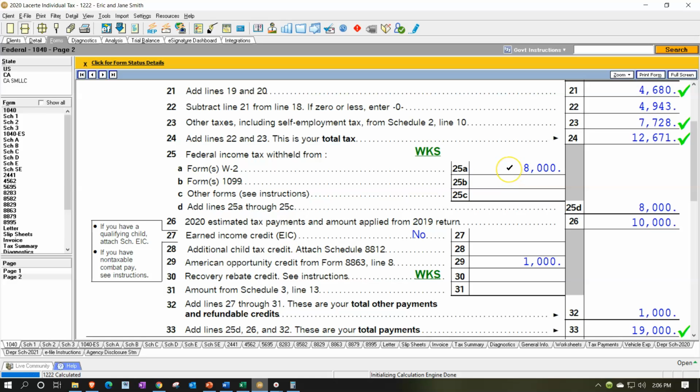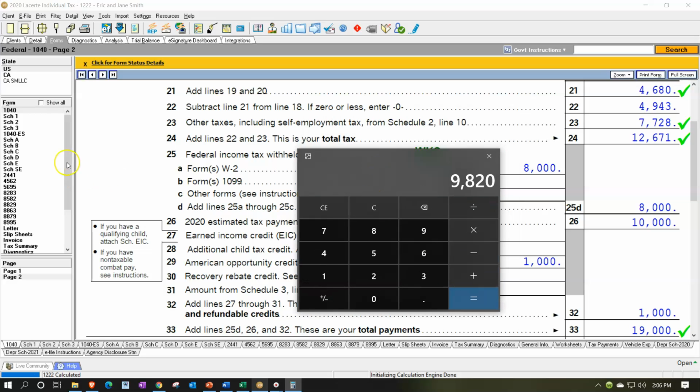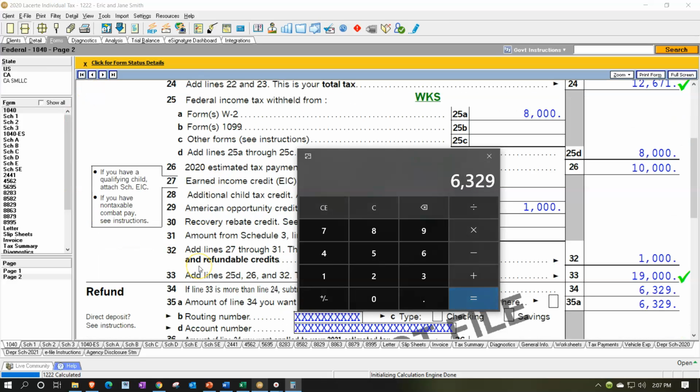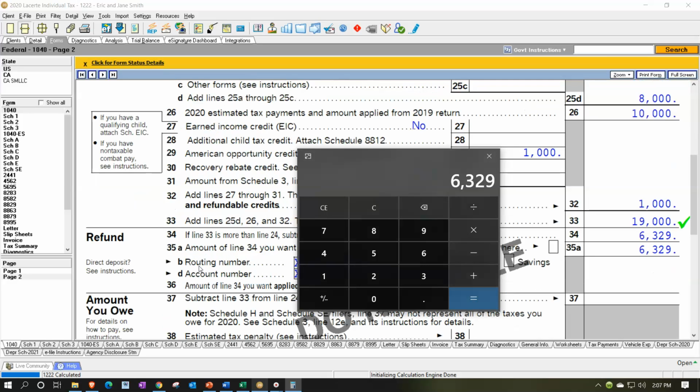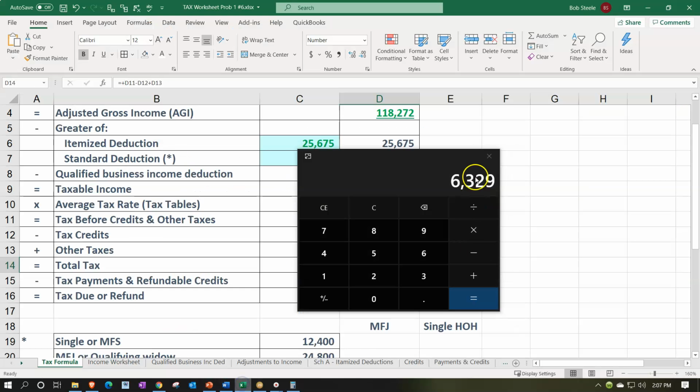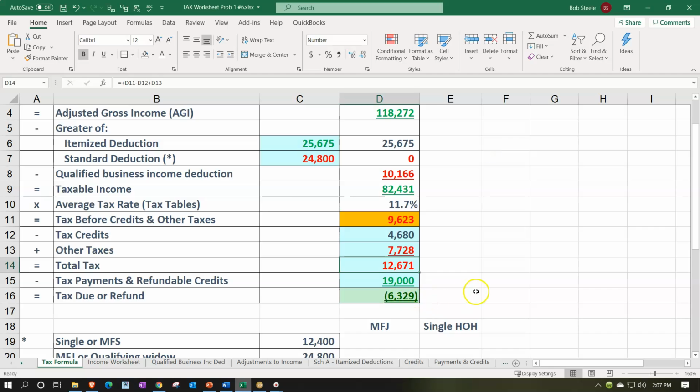Once again, withholdings on the W-2, 8,000, 1,000 refundable tax credit, 10,000 from the estimated tax payments. And then the difference between the 19,000 in total payments, minus the 12,671, is going to be, once again, that 6,329. And that should tie out over here for the 6,329.